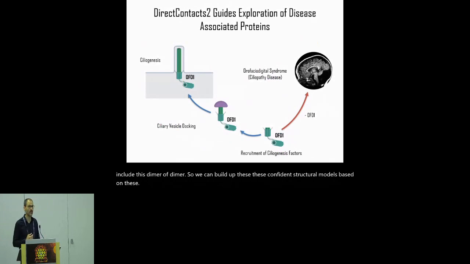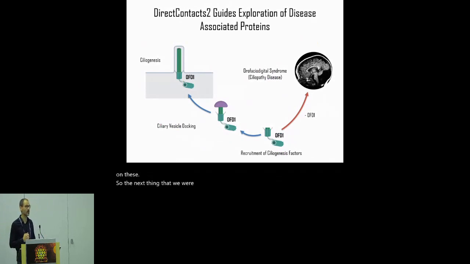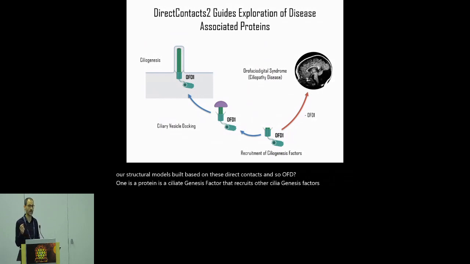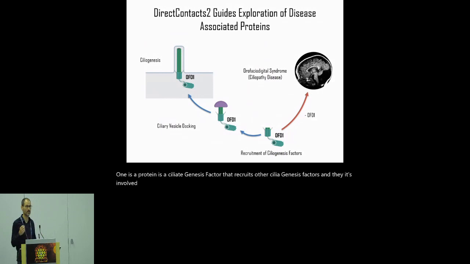So the next thing that we're interested in is, can we interpret mutational data with our structural models built based on these direct contacts? OFD1 is a ciliogenesis factor that recruits other ciliogenesis factors, and it's involved in docking of the cilia vesicle, which then goes on to interact with the plasma membrane and extend a microtubule structure protrusion during ciliogenesis.